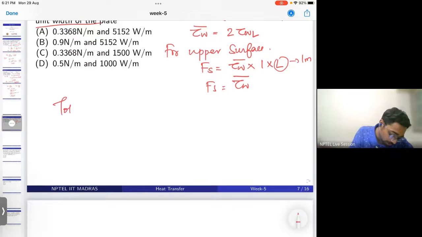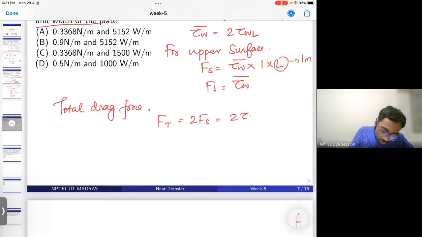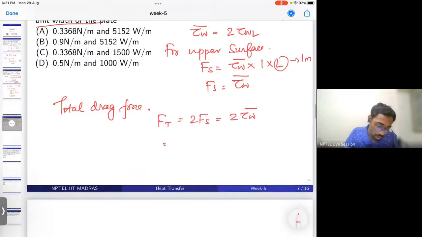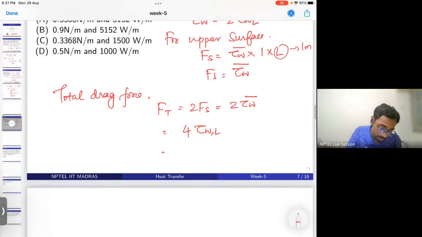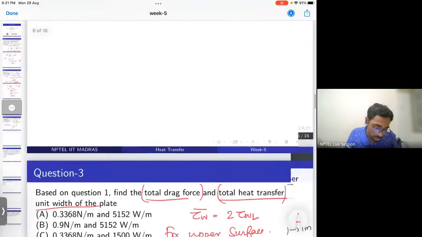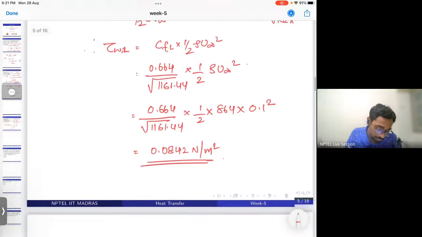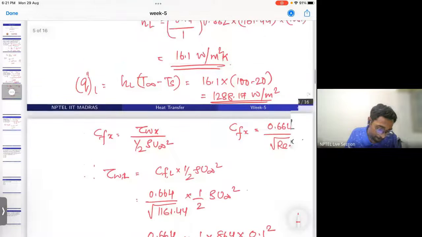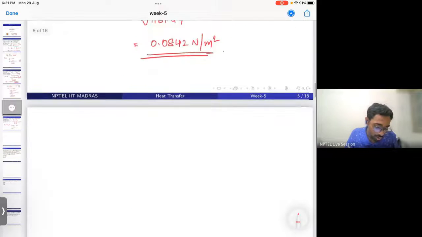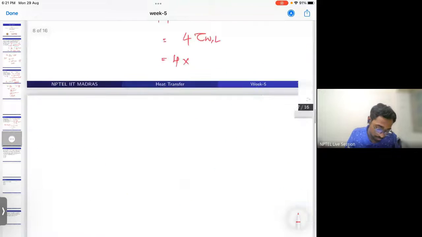So the total drag force will be twice this. F total is 2 times Fs, which is 2 times tau W bar, which we can write as 4 times tau W at L. We already calculated tau W at L, 0.0842.